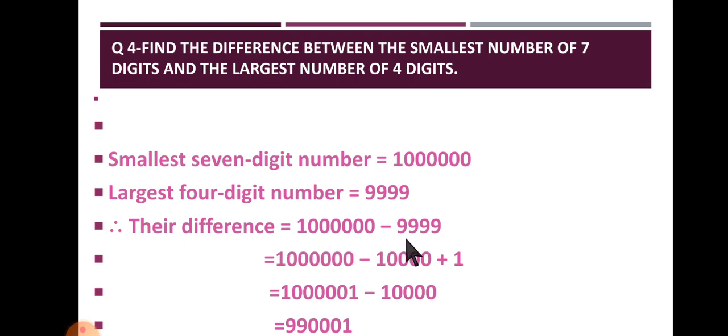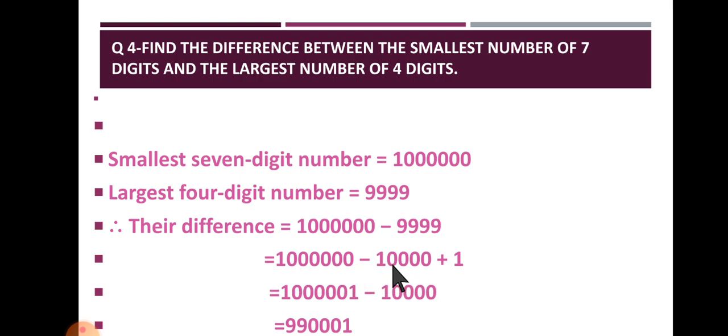So now we have both numbers, the smallest number of 7 digits and the largest number of 4 digits, and it is a simple subtraction. This kind of subtraction you already did by the shortcut method. So we can write 9999 in short form as 10,000 minus 1. And why do we write it in this form? Because the 1-0 form is easy for subtraction.